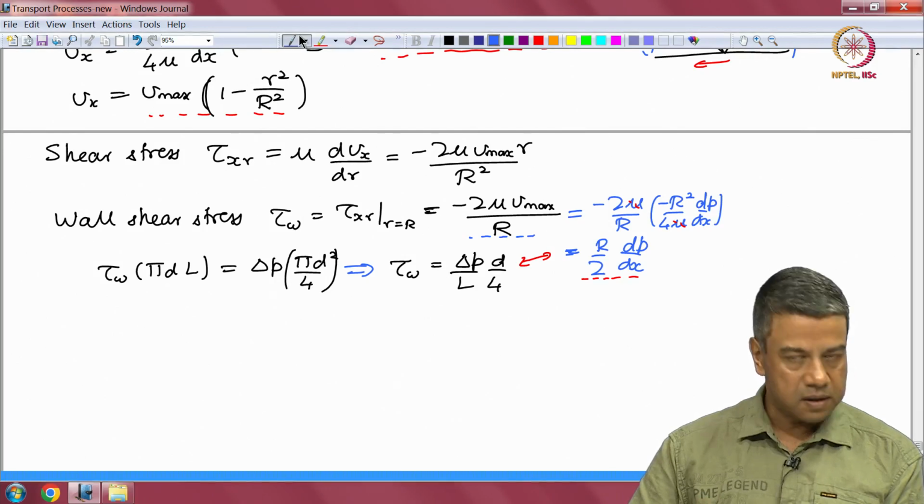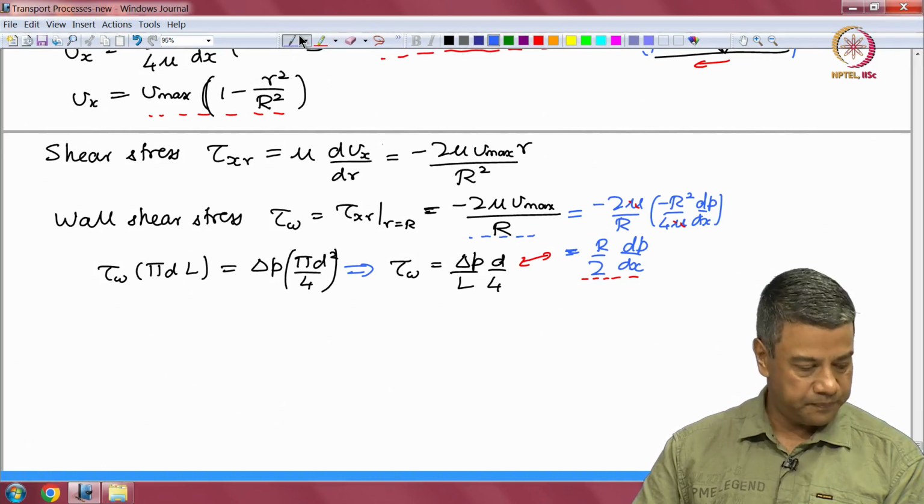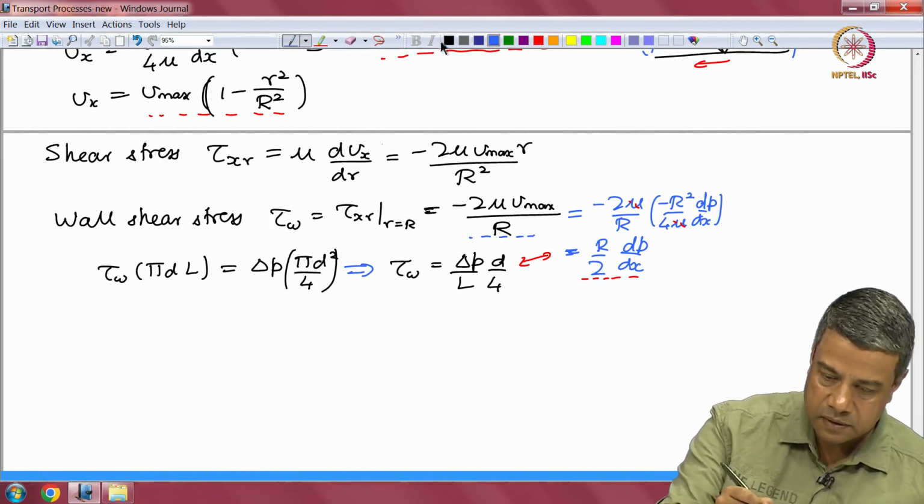And the average velocity is the flow rate divided by the cross sectional area. So, first we will calculate the flow rate.